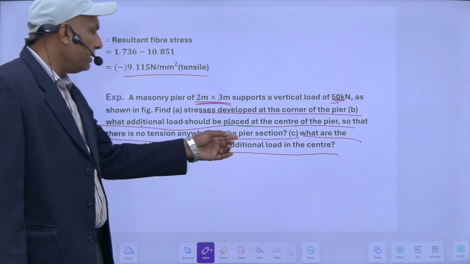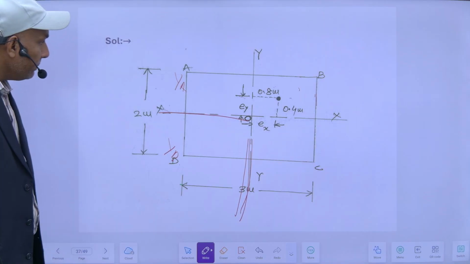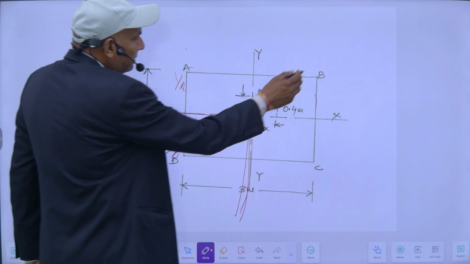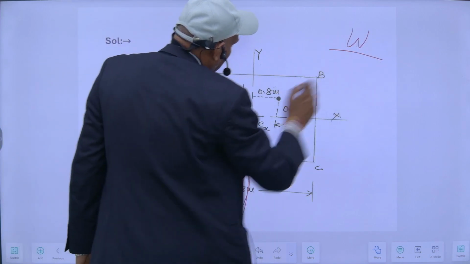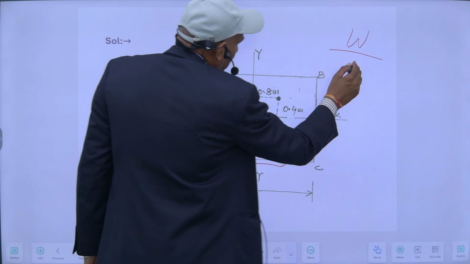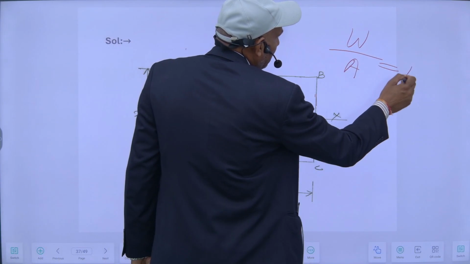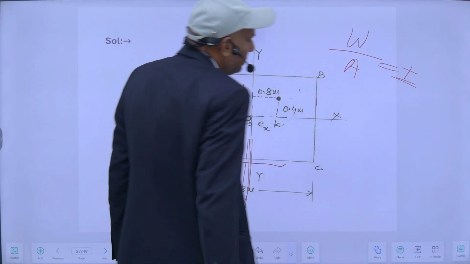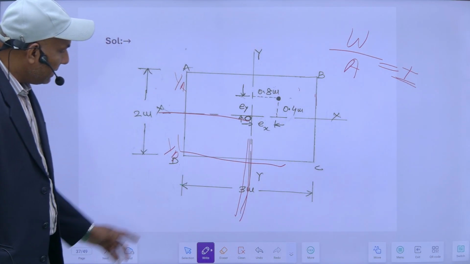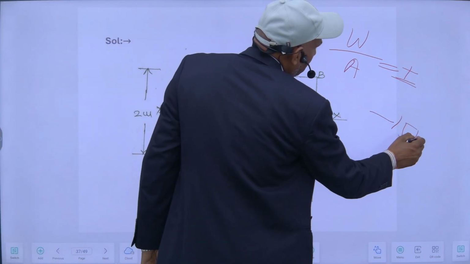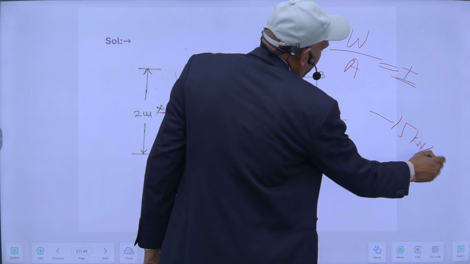in the pier sections. So obviously, if you apply a load here, that load, suppose delta, is divided by this area. So the effect of this should be plus. How much? My stress at this point is minus 15 kilonewton per meter square.